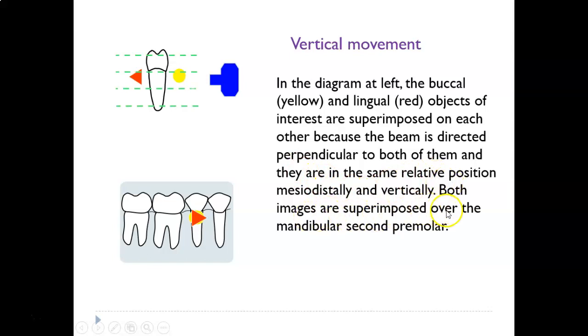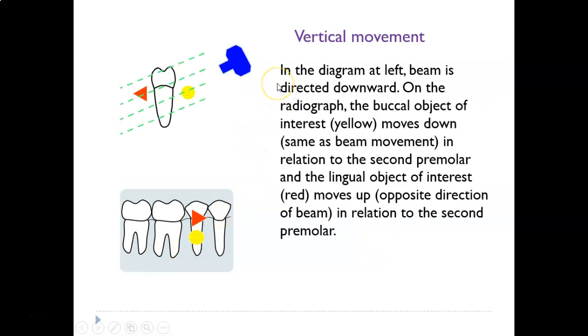Both images are superimposed over the mandibular second molar. Now the operator took the BID and pointed it down. So they pointed it down in a downward trajectory. So when they did that, what happened? The buccal object moved down as well, and the lingual object moved up a little bit. So again, the buccal object moves in the direction of the beam.